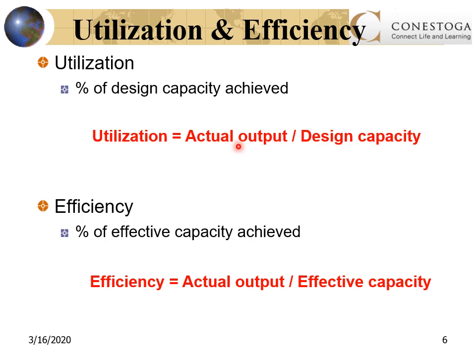So think of it, you are taking a ratio of actual output to the design capacity. So the denominator in the calculation of utilization, the design capacity, is going to be bigger than the denominator in the calculation of efficiency.